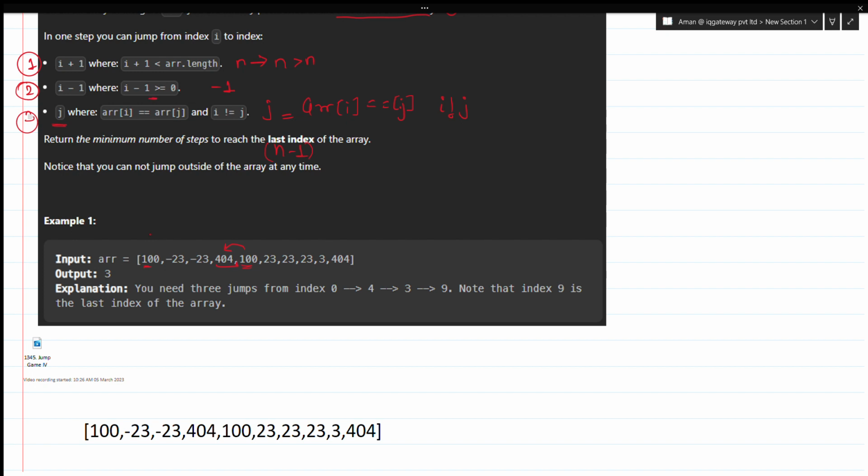Then I take one more third kind of jump and reach the last index. In this case, I took jumps 1, 2, and 3, so total is 3. That's why the answer of this problem statement is given as 3.